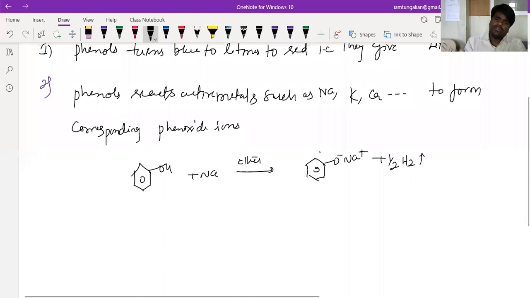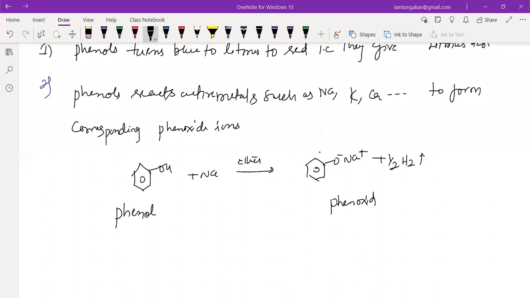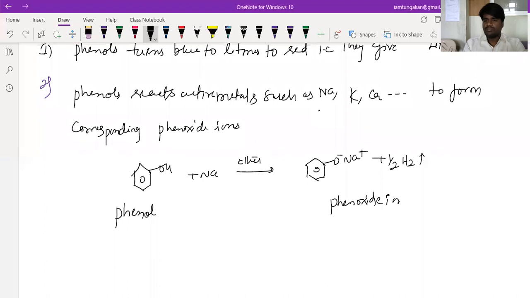It reacts with active metals such as calcium to form the corresponding phenoxide. Suppose you take sodium with phenol, this is your phenoxide, and it will form what we call sodium phenoxide.